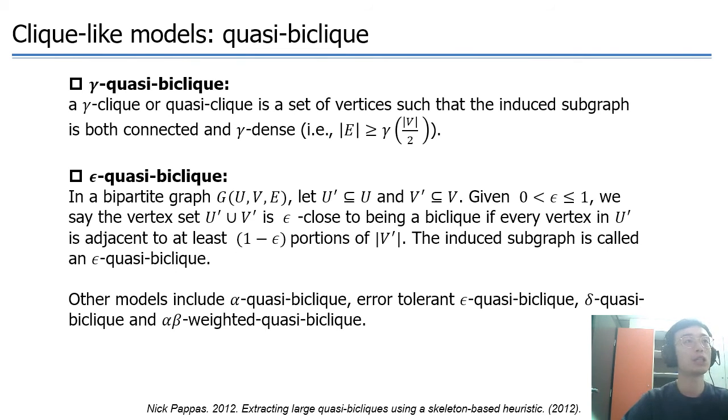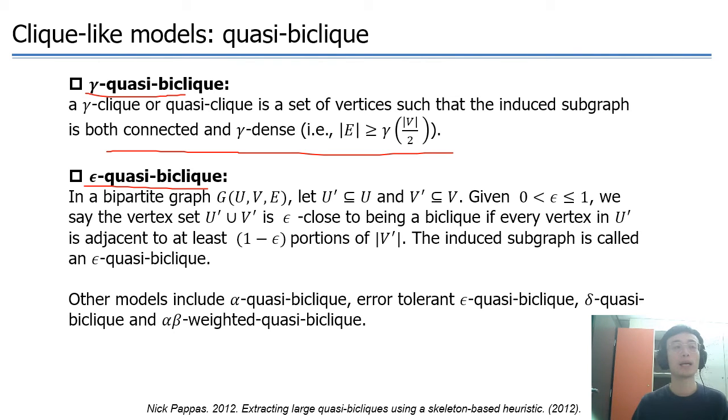Besides the definition of biclique, we also have the quasi-biclique. A quasi-biclique is almost a biclique in the sense that we allow it to miss a certain number of edges. For example, here is the gamma quasi-biclique, which is defined based on the connectivity and density. And we also have the epsilon quasi-biclique, which is defined based on the degree.